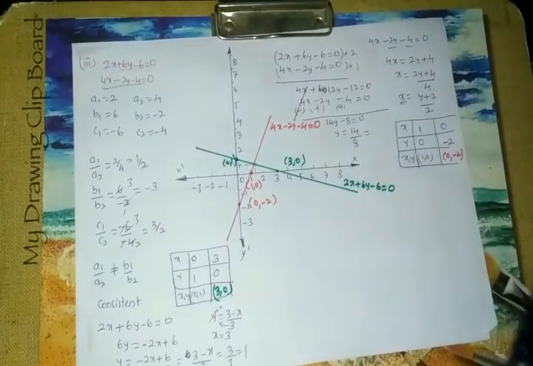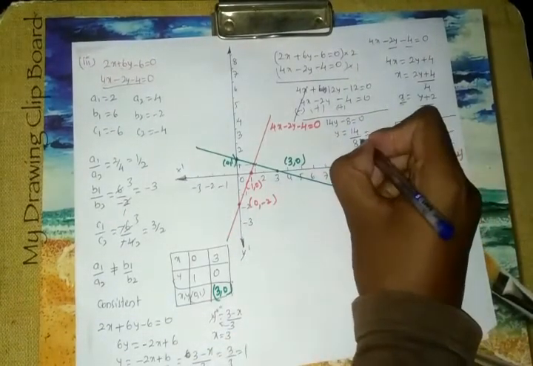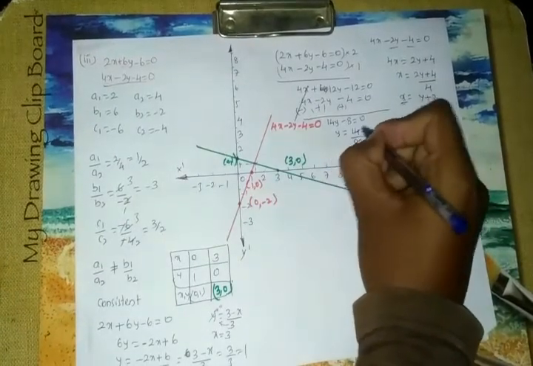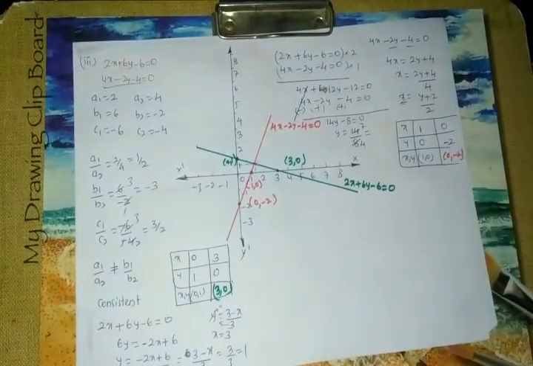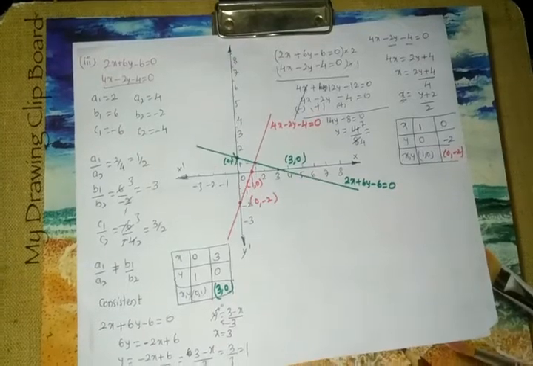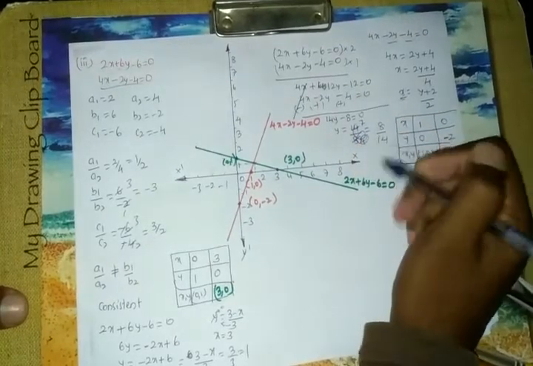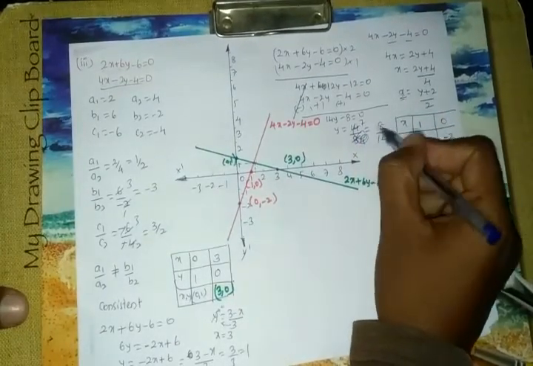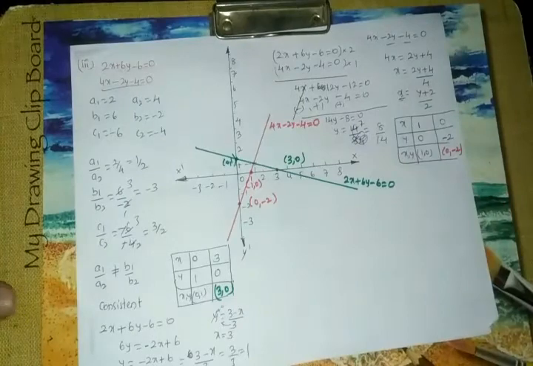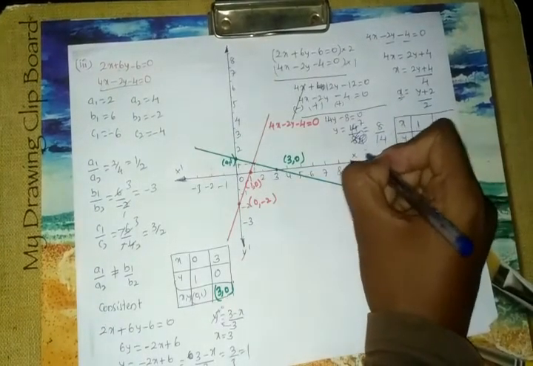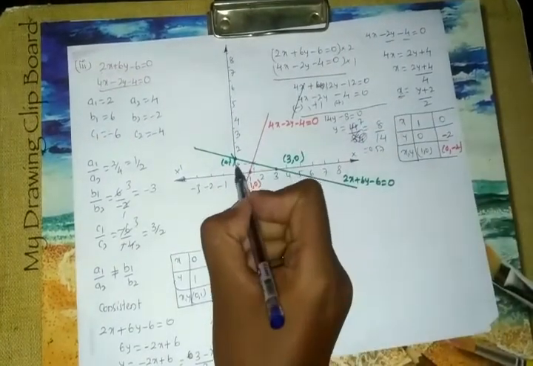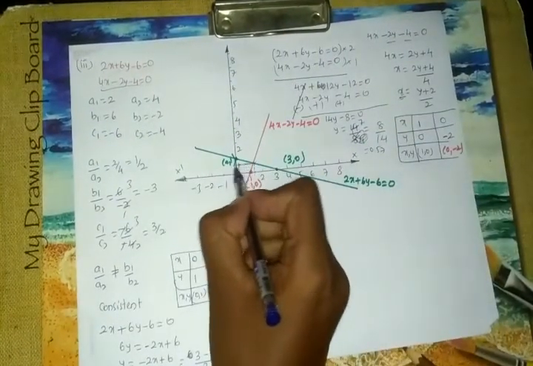2 4s are 8, 2 7s are 14. So y equals 8 by 14, we get approximately the value as 0.57, which is somewhere here.